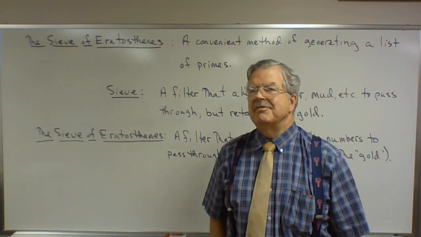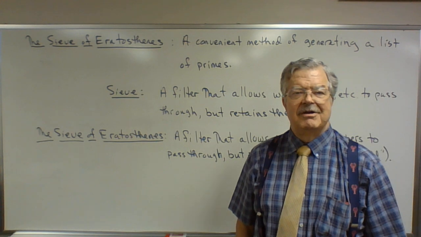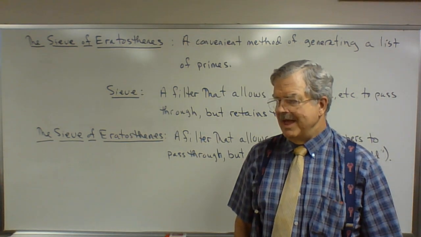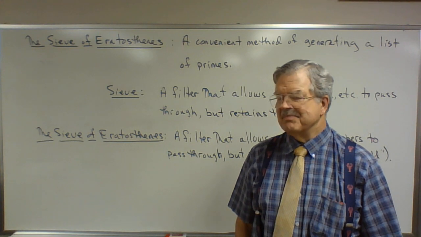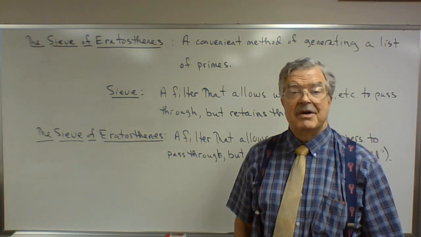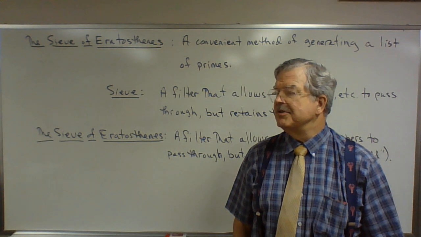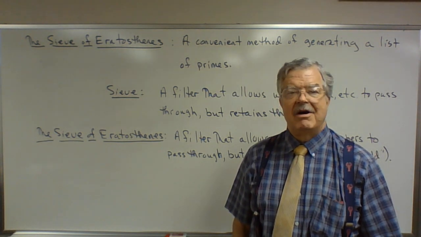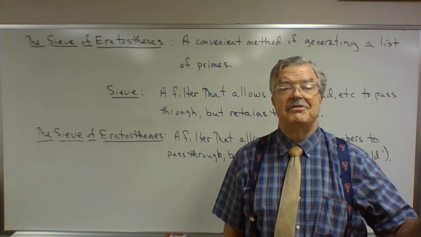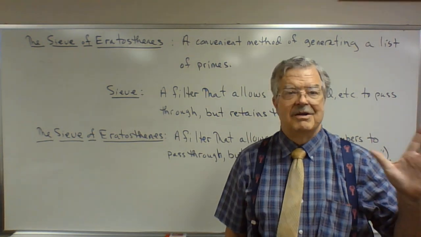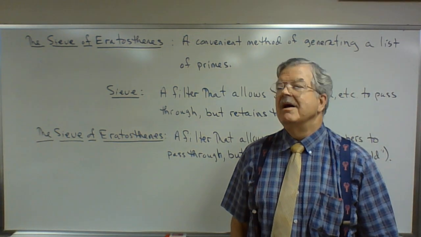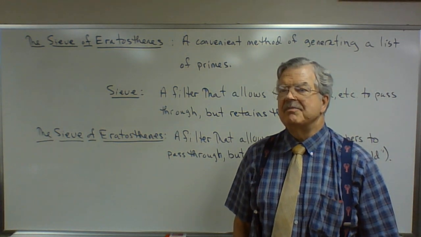He was one of the famous mathematicians of antiquity. He was the head of the library in Alexandria, Egypt, which was probably the Harvard and MIT of its day, 20-some centuries ago. He was the head of that institute.